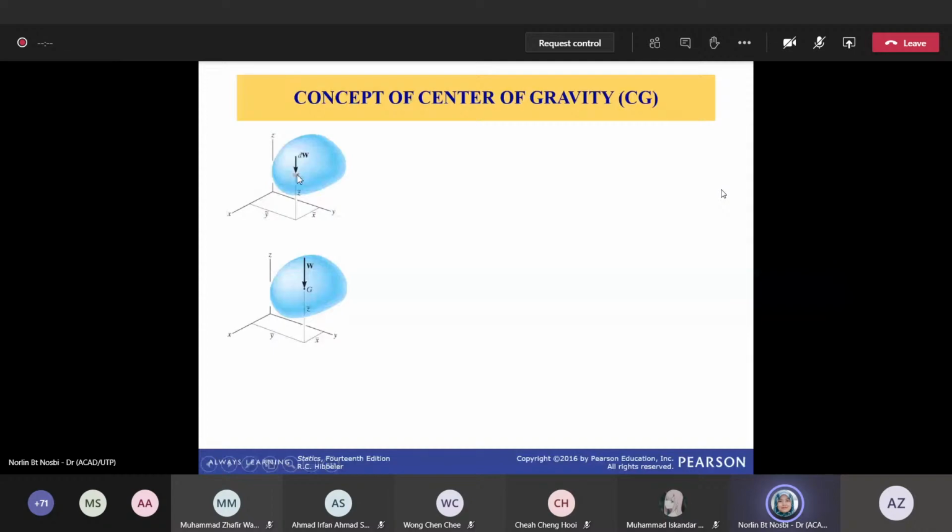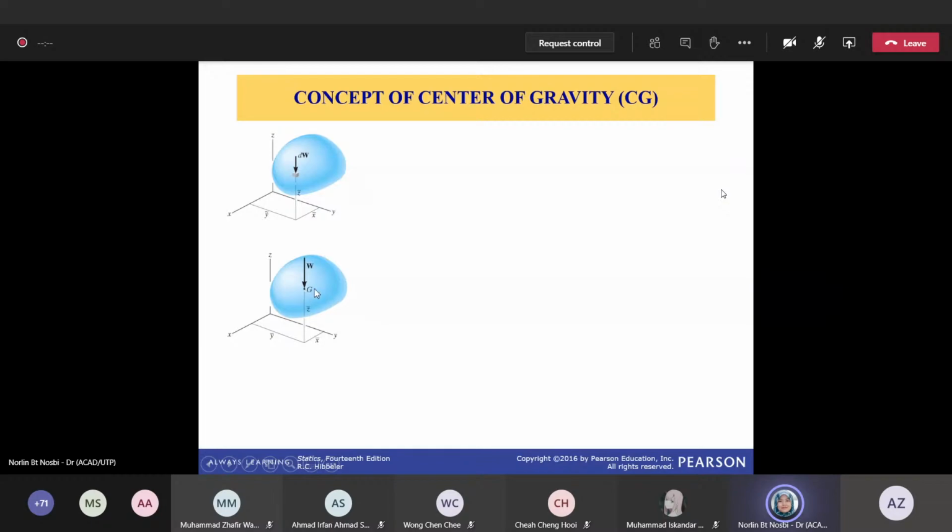So this body has a lot of particles, so you need to find the resultant weight, or the concept of the center of gravity. For this body, for example, this point here is the center of gravity.